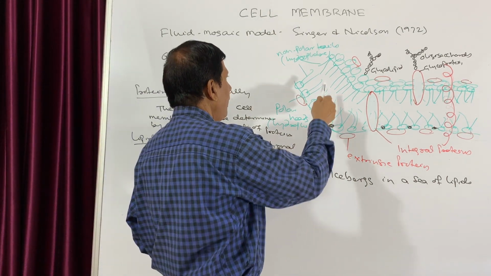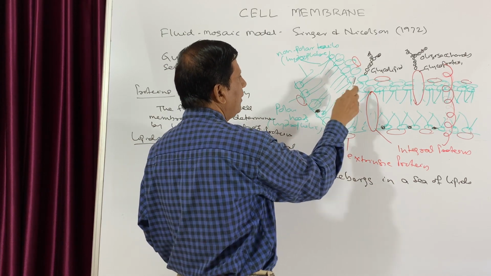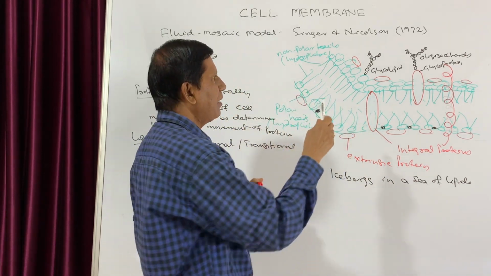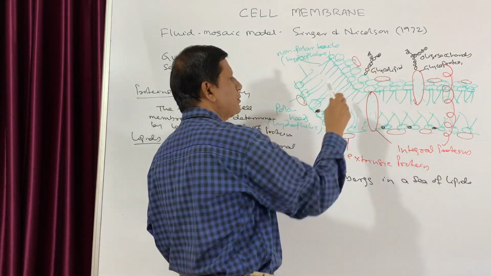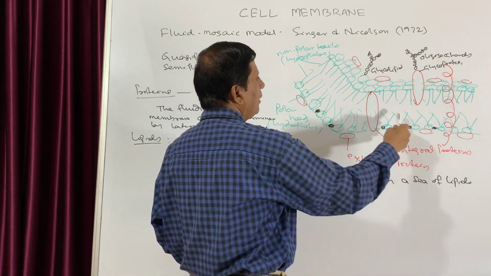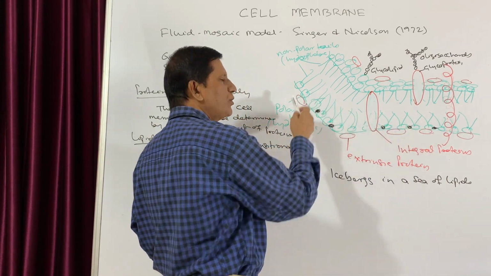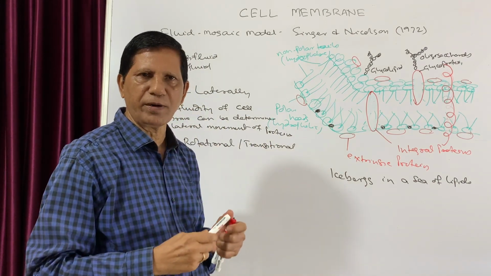The phospholipid of one layer can rotate like this, and from one place it can go to another place. From one can come to this place in this way, or on this side one can move to the another place and one can come to this side. That means it is a rotational or transitional movement. That is one type of movement.